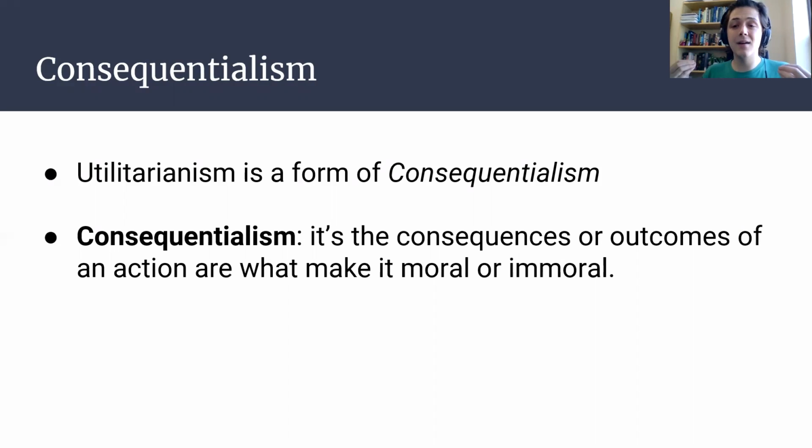So lying isn't necessarily good or necessarily bad. What matters is, did the specific lie you told have good outcomes that made the world a better place, or did it have bad outcomes that made the world a worse place?